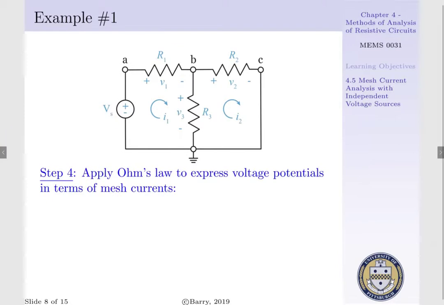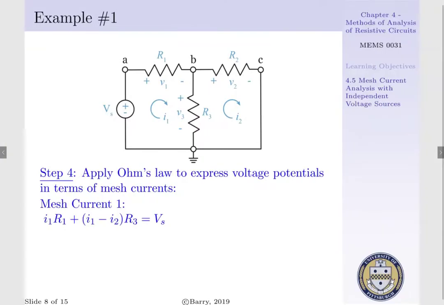Step 4 is to apply Ohm's law to express our voltage potentials in terms of our mesh currents and our resistances. That is, for mesh current 1, recall we had V1 plus V3 was equal to Vs, where V1, in terms of Ohm's law, is equal to our mesh current I1 times our resistance R1. Now V3 is resistance R3 times the net current running through it.